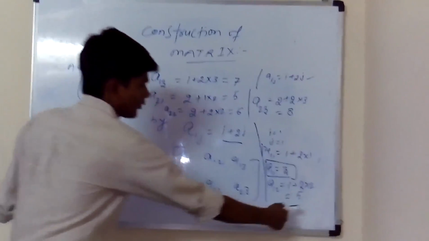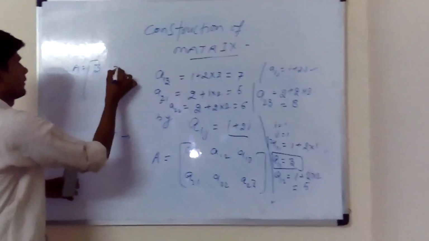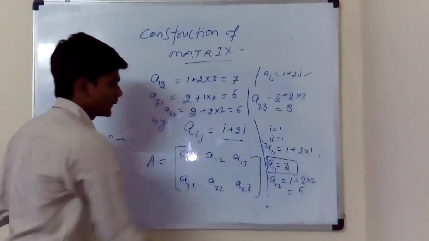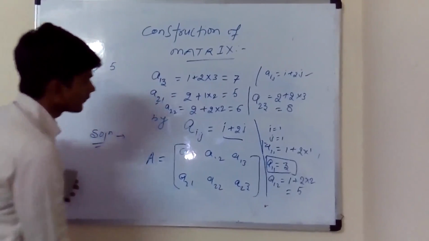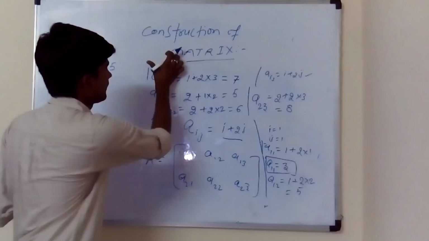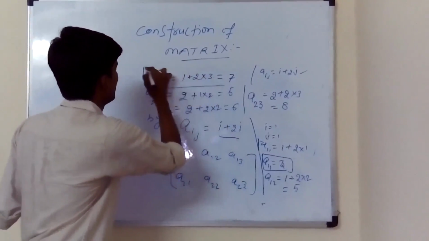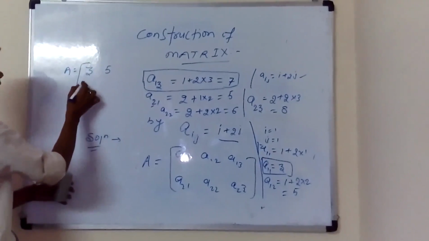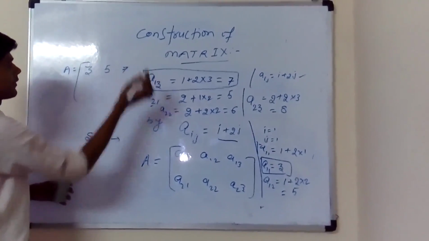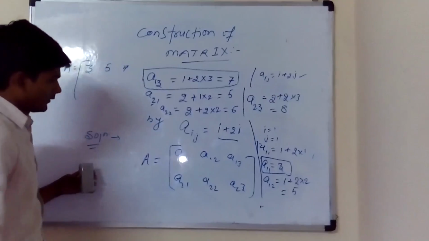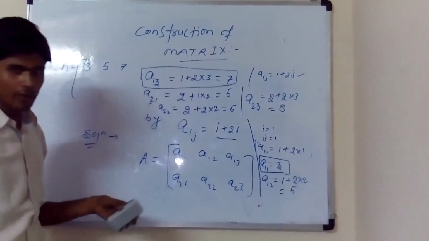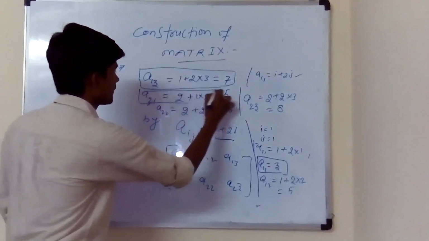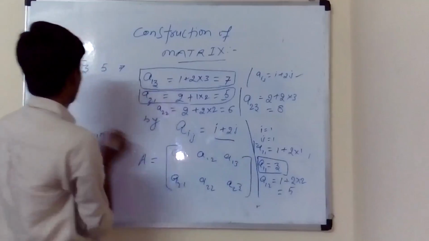What is the value? 5. And what is the value of A13? So where is 1 3? Yeah, this is the value of A13. This is a 7. Okay, now again what is the value of A21? The value of A21 is simply 5.